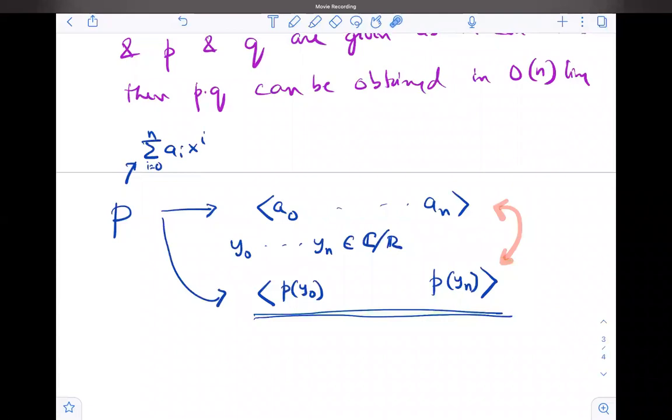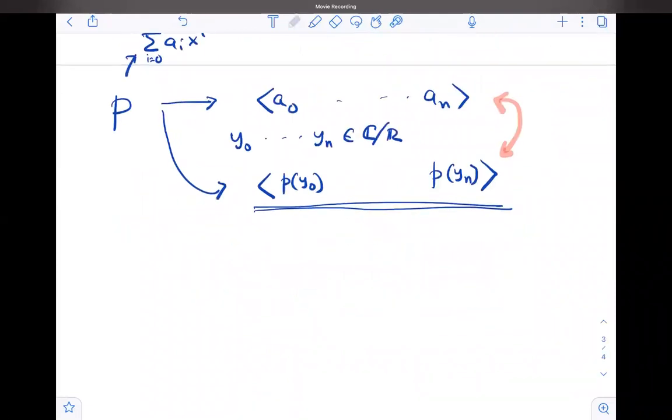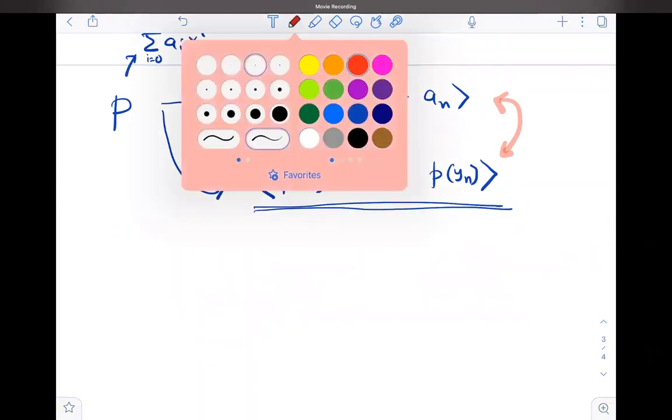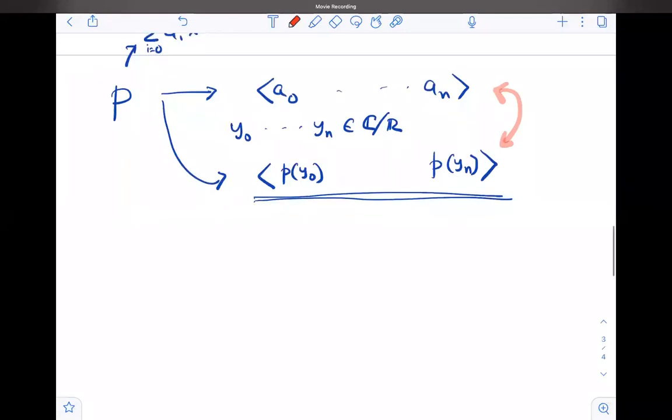But how much time does interpolation take? Interpolation will take n squared. Okay, let's see some other way of doing it.